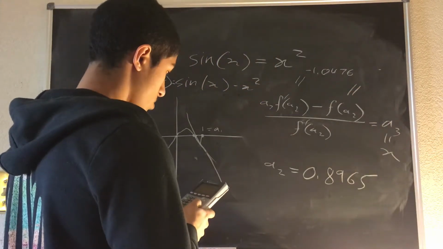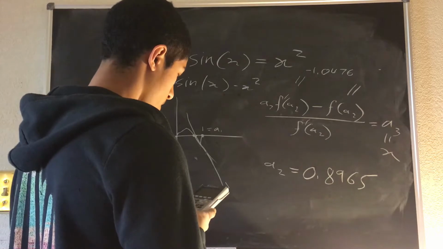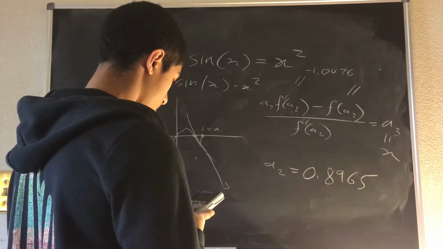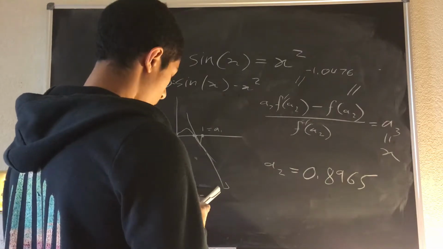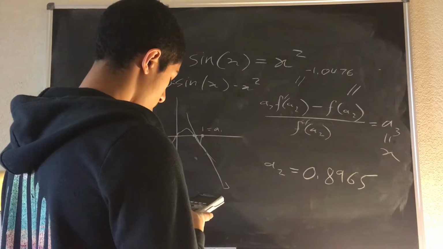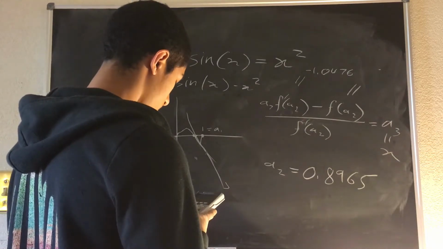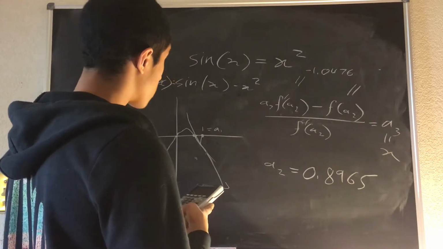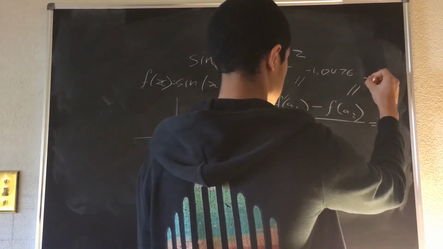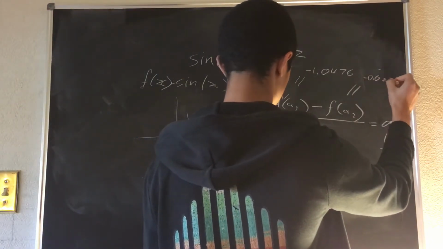And f of a2 will be sine of 0.8965 minus 0.8965 squared, and that will equal negative 0.0225.